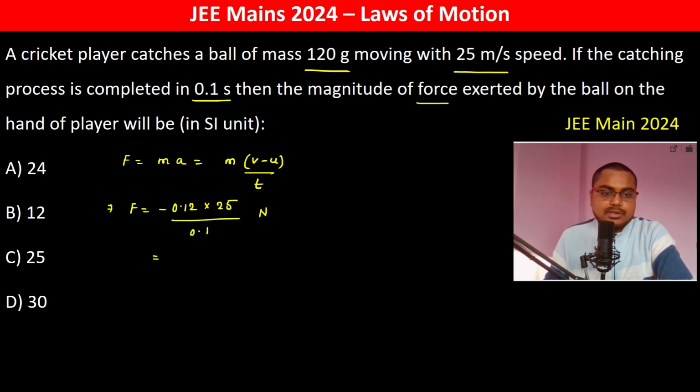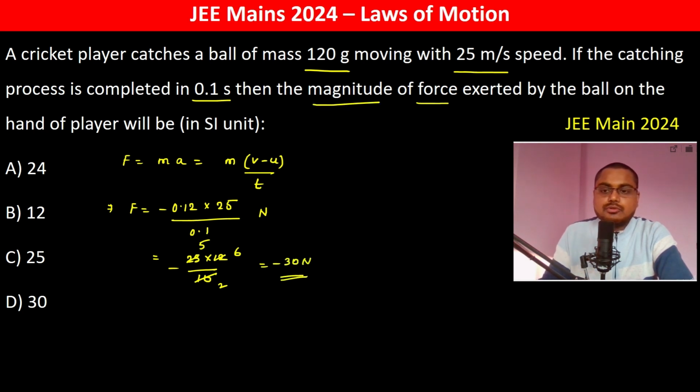So this is 25 into 12 divided by 10. 5 goes by 5, 2, 6, this is minus 30 Newton. So therefore the magnitude of force is 30 Newton.